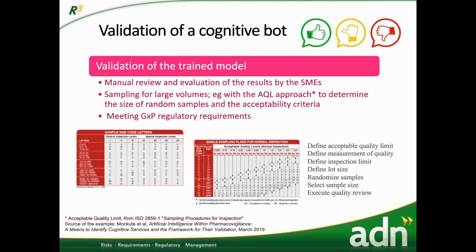It has been used for some tests in artificial intelligence within pharmacovigilance to be able to assess the quality of learning and the validation of the efficiency of some cognitive services in pharmacovigilance. So it can be used for cognitive bots to validate, with testing on large amounts of data, that the bot is effective and the risks are handled.